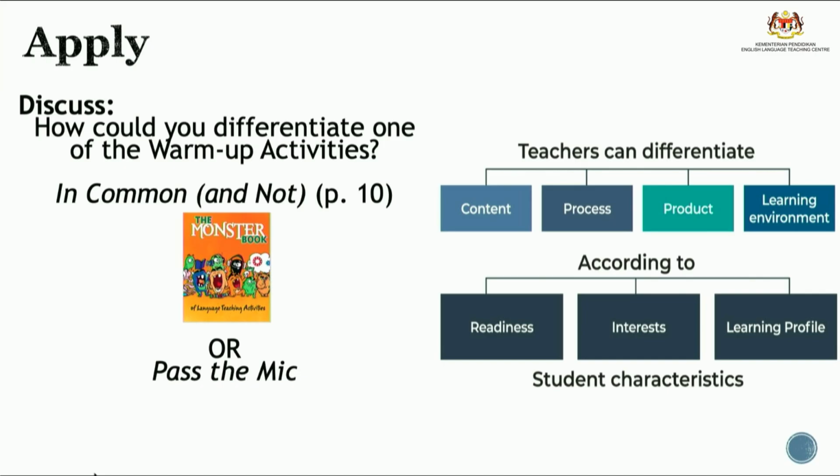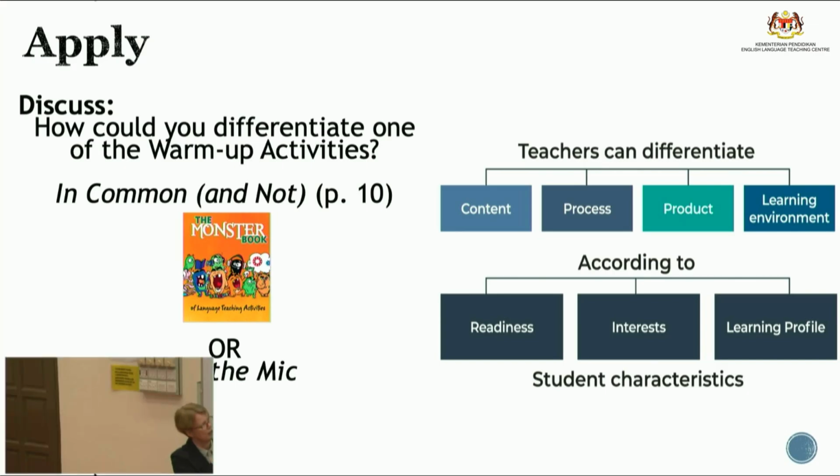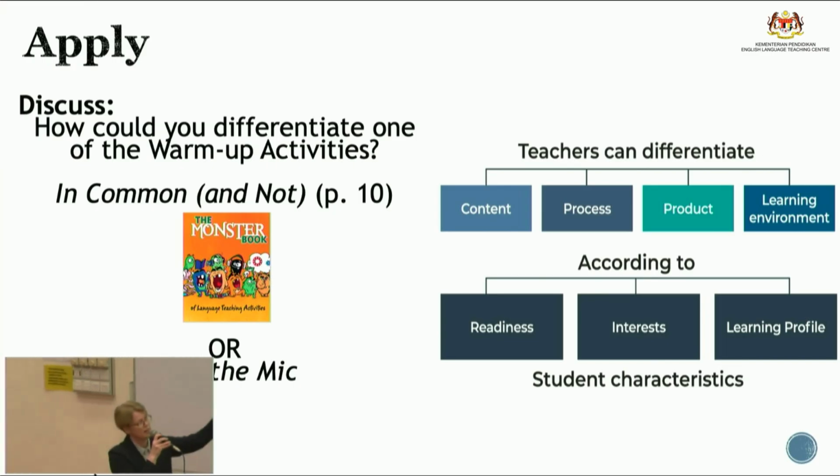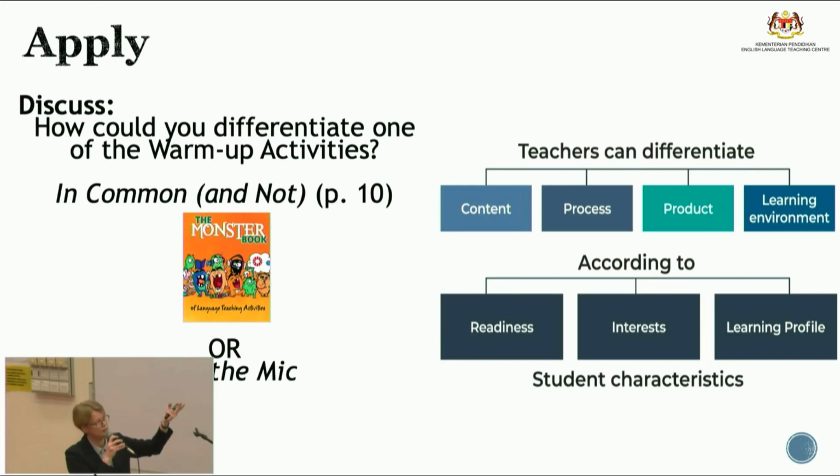So mixed English level. How could we differentiate these tasks? Okay, so we can think about the models that we've already discussed, so content, process, product, learning environment, and then according to readiness, their level, interests, and learning profile.